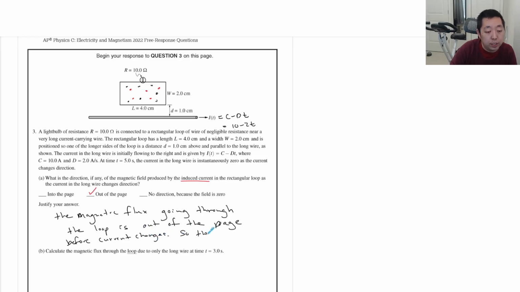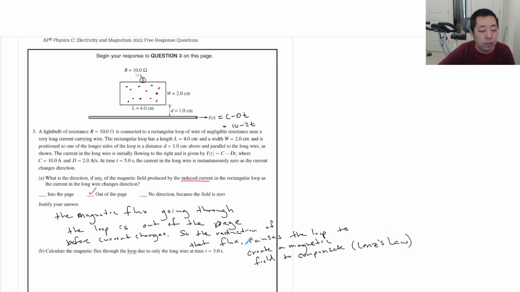So the reduction of that flux causes the loop to create a magnetic field to compensate. And that is Lenz's law.